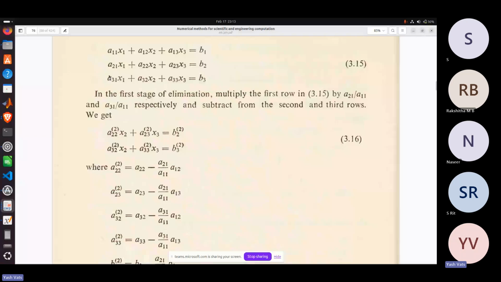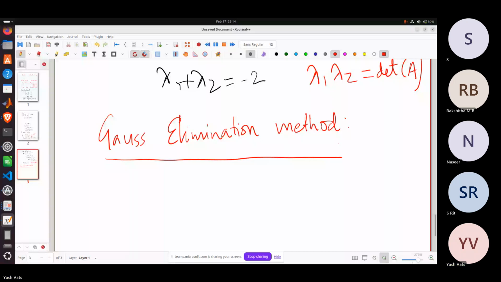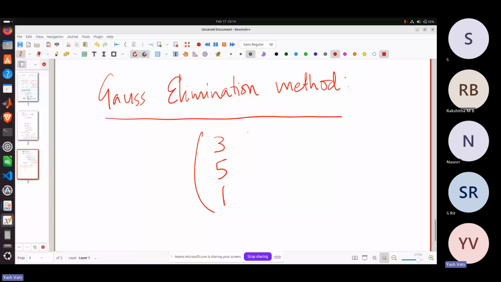So if I go through the procedure again, what is Gauss elimination? Suppose you have a matrix like 3, 5, 1; 4, 4, 2; 1, 3, 5, and you have a vector x equal to something like 1, 2, 3, whatever.